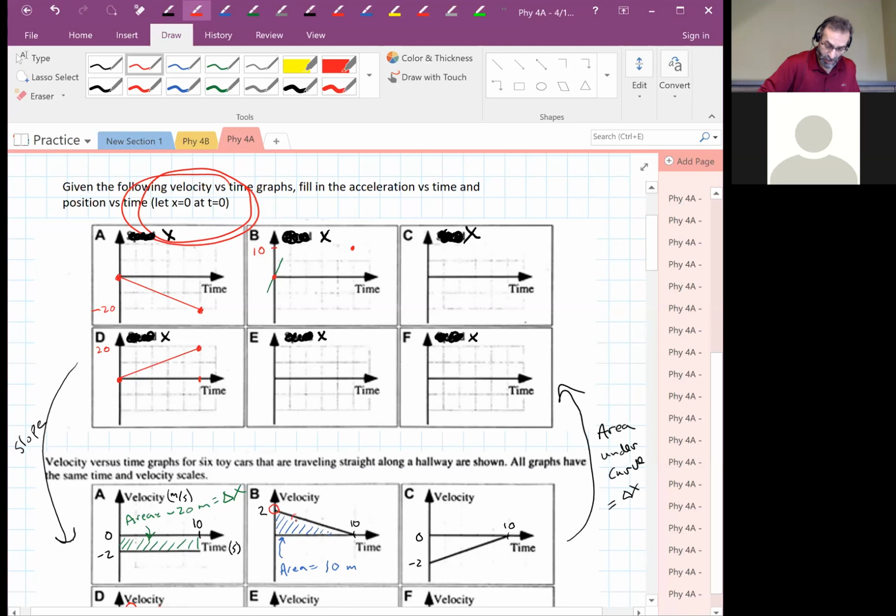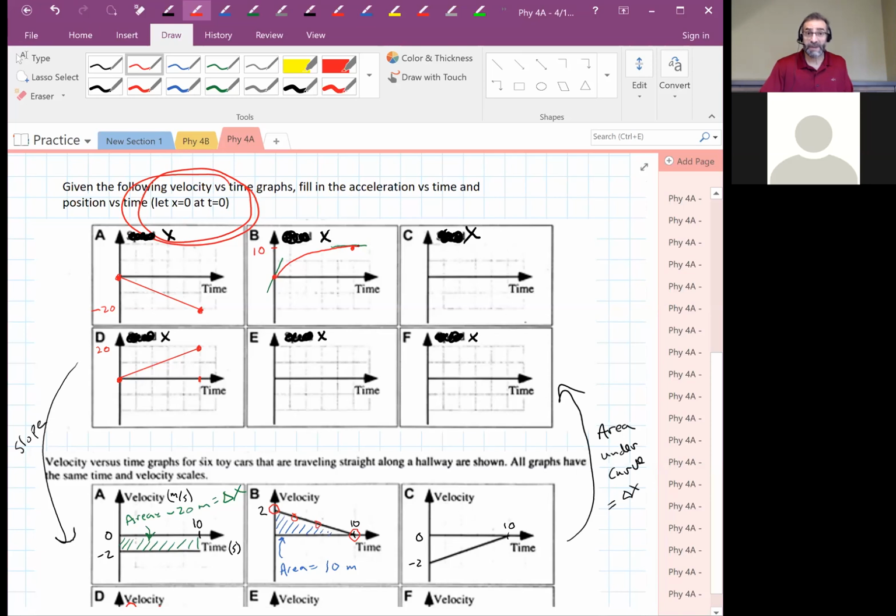Then it's a smaller positive number. And out here, the slope at t equals 10 seconds has to be 0, right? So we start out with a big slope, and it ends up being a slope of 0. So it's concave down.